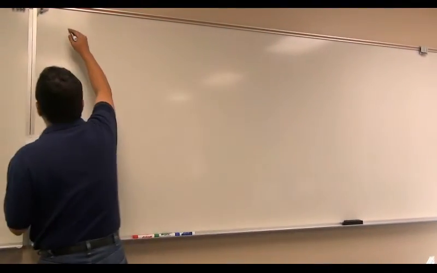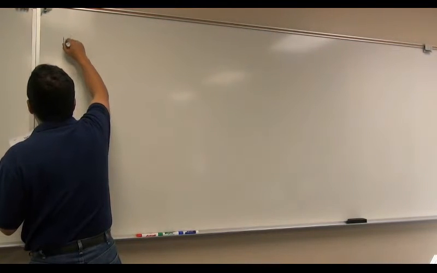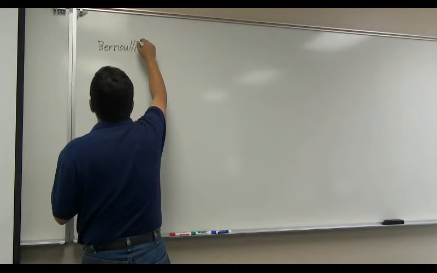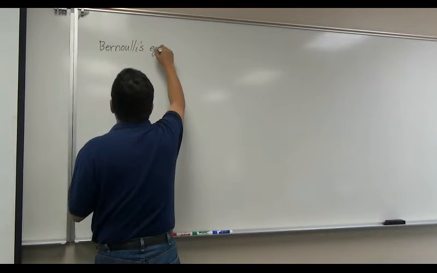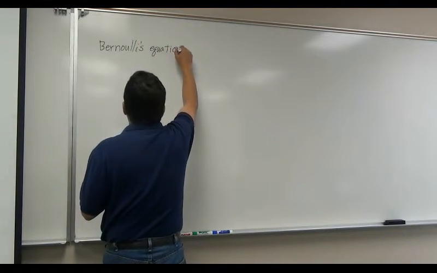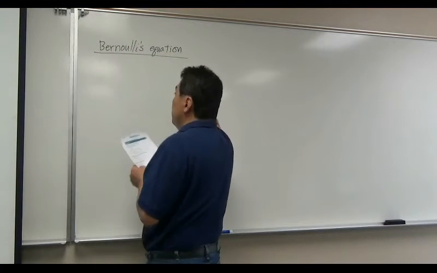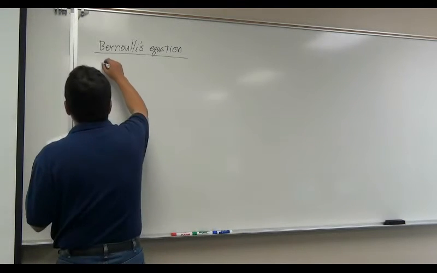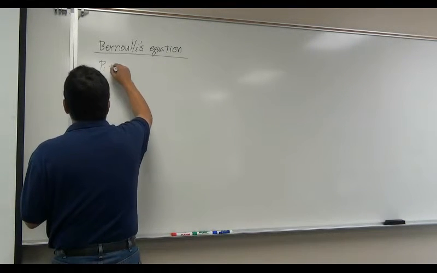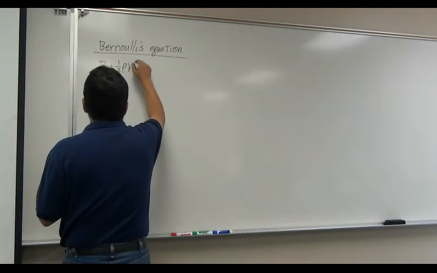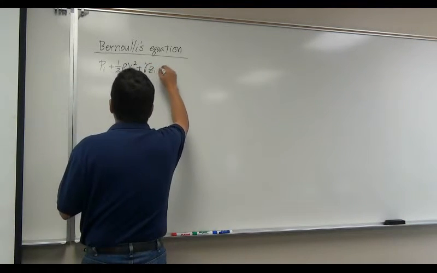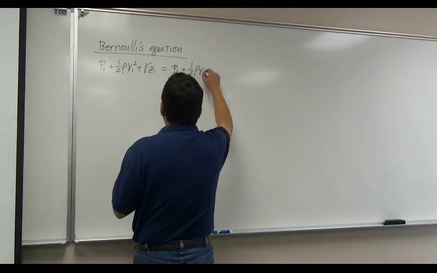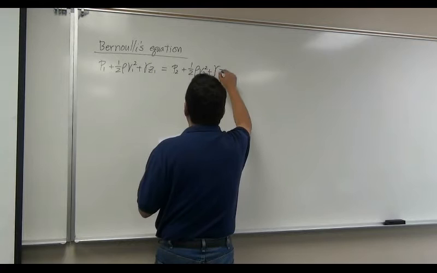So obviously this is the problem based on Bernoulli's equation. So suppose Bernoulli's equation is applied between point 1 and point 2, you end up having P1 plus 1/2 rho V1 square plus gamma Z1 is equal to P2 plus 1/2 rho V2 square plus gamma Z2.